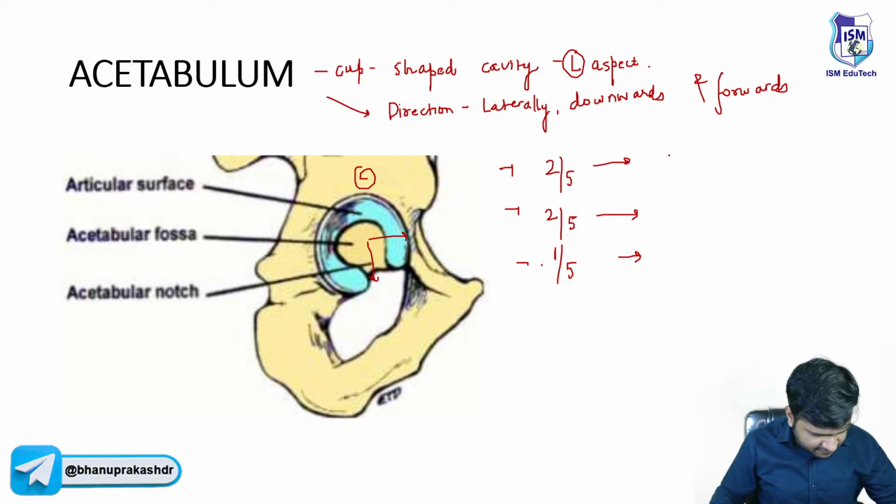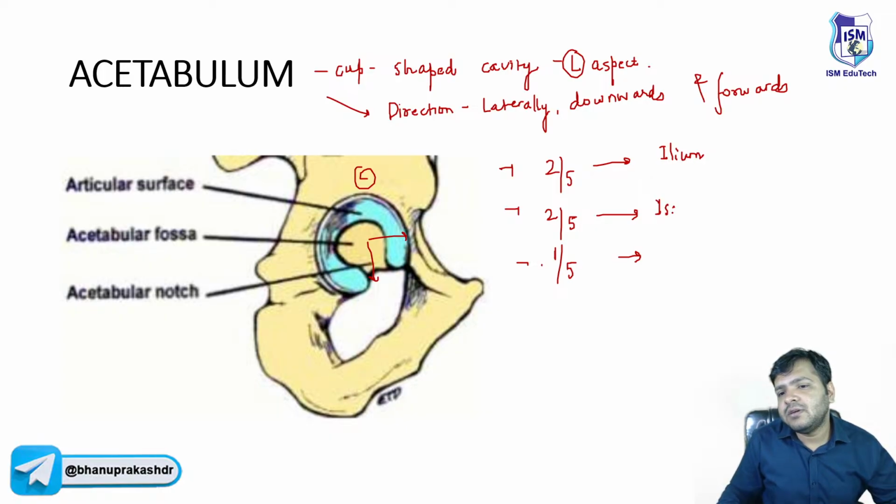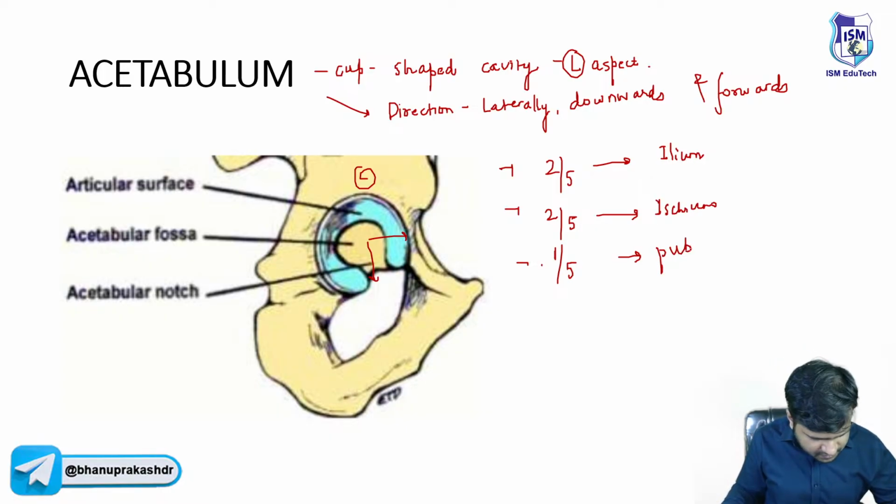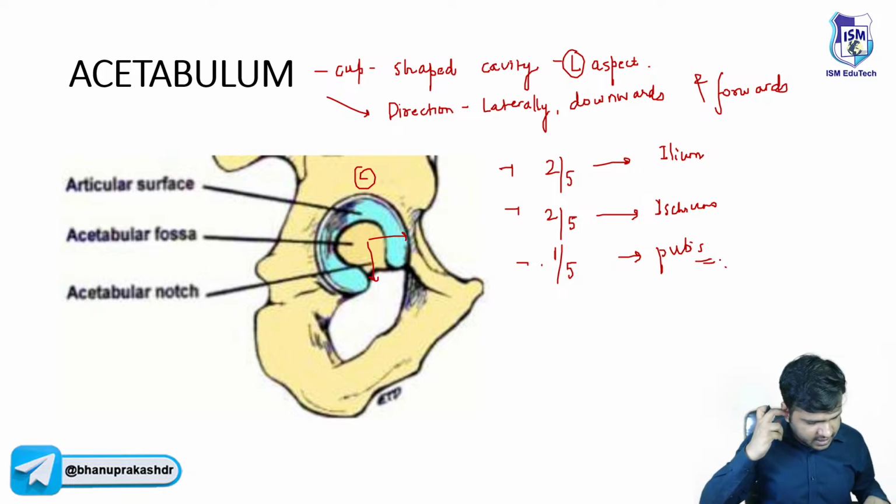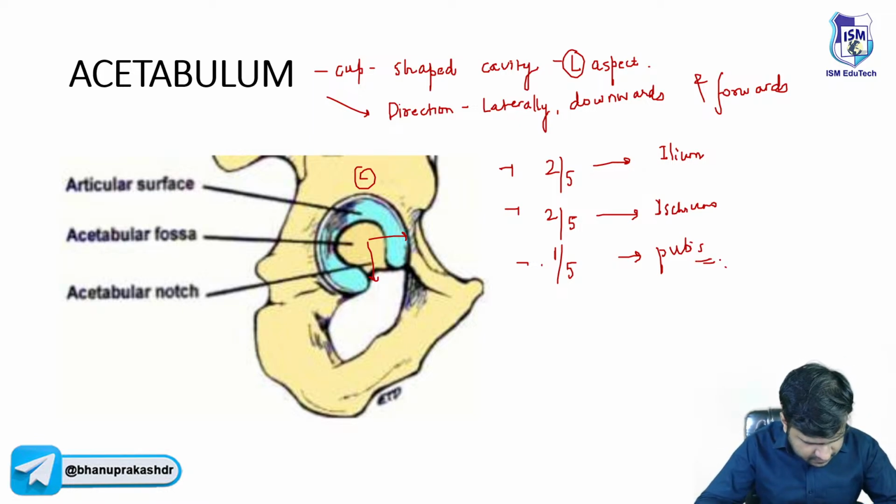The first 2/5 is formed by the ilium and ischium. Very good, Harsh. Ilium and ischium 2/5 and 1/5 is formed by the pubis bone. Very good, Jainam. Yes, everyone is right.